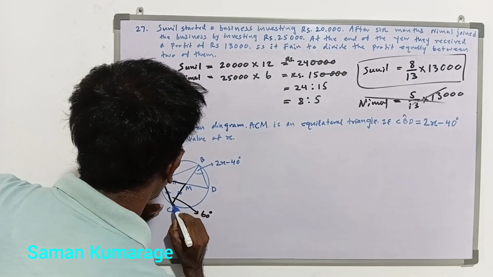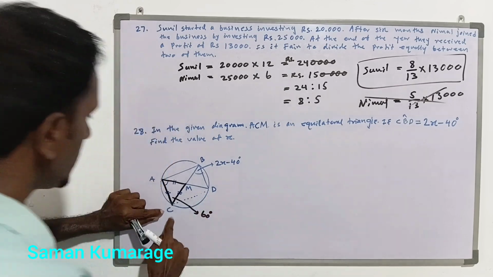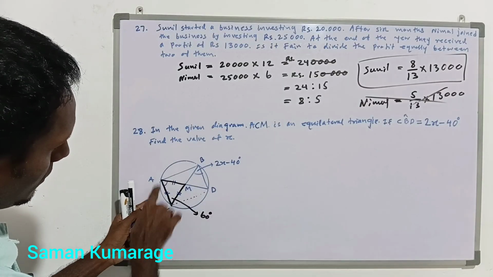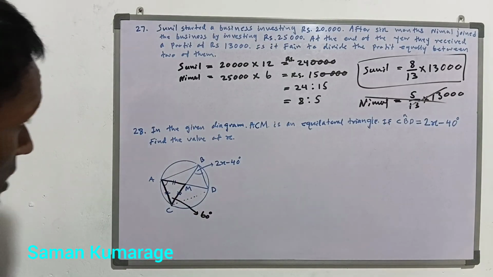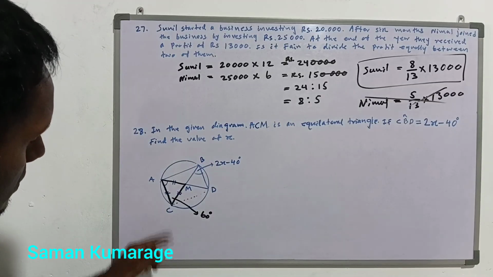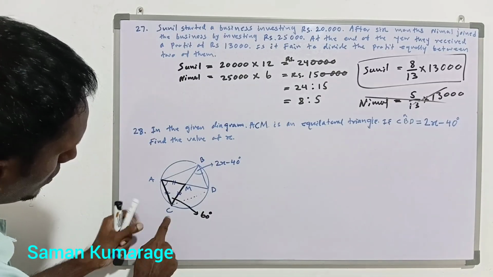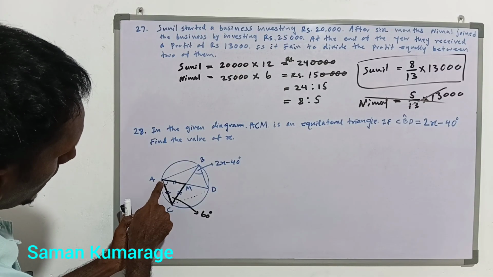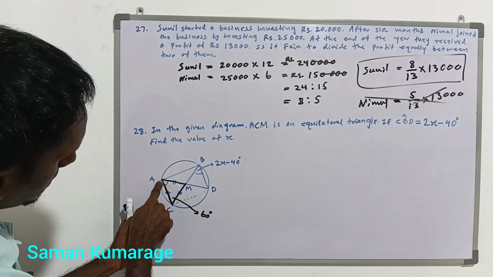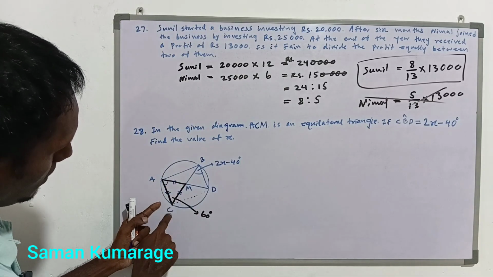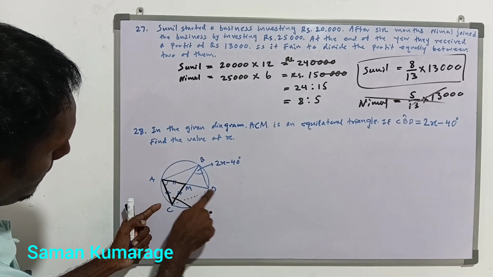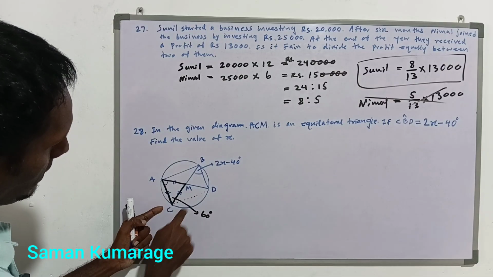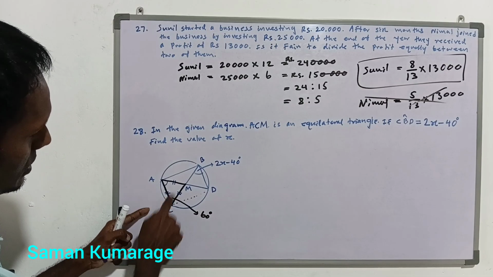Okay, if you take this CD chord and the other segment of the circle, starting from this CD, it is forming two angles on the remaining segment. See, CAD and CBD, these two angles.